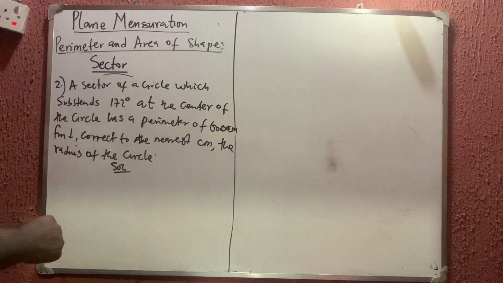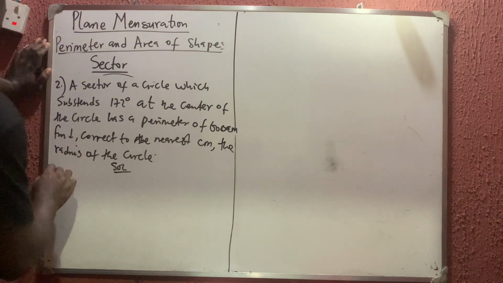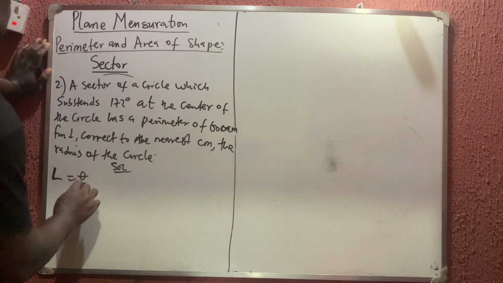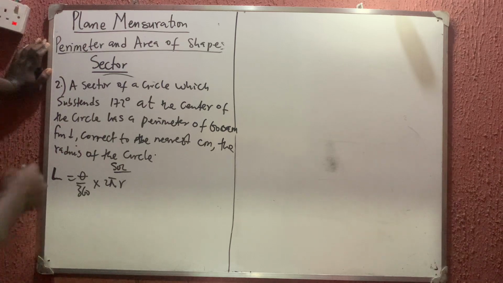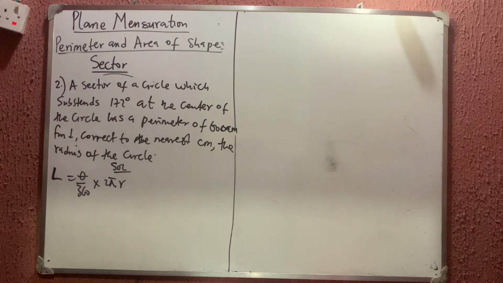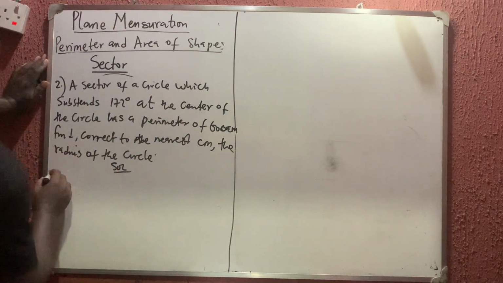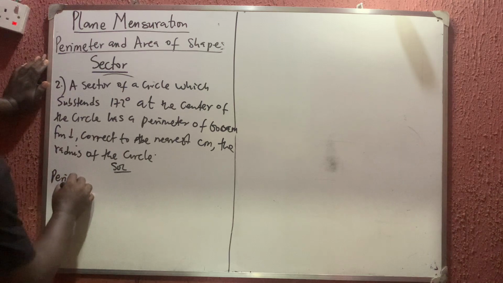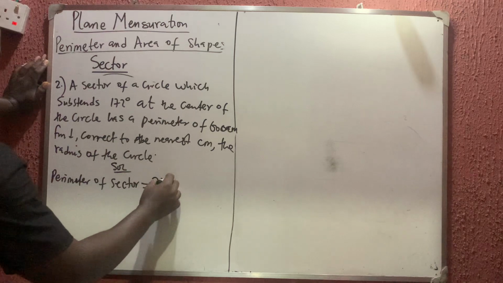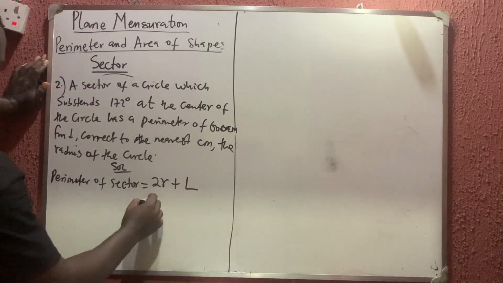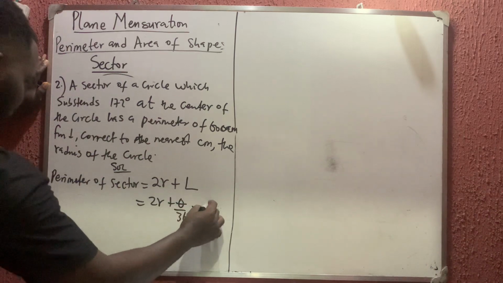We know that first of all we can find the length of an arc. The length of an arc L is equal to theta over 360 times 2 pi r. Oh, we cannot find it because we are looking for the radius. But we know the perimeter of the sector is 2 radii plus L, which is 2r plus theta over 360 times 2 pi r.